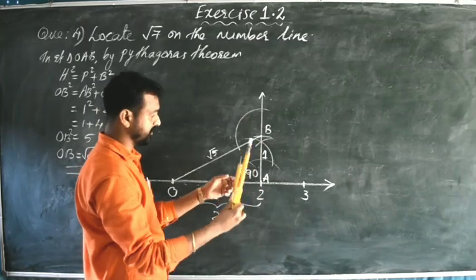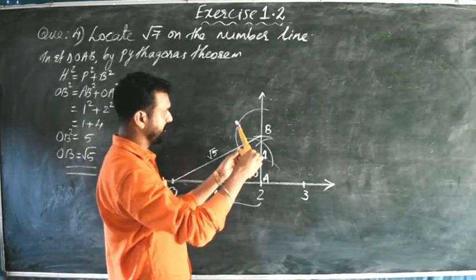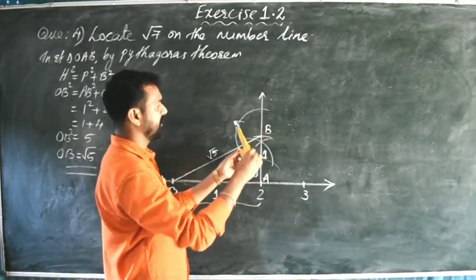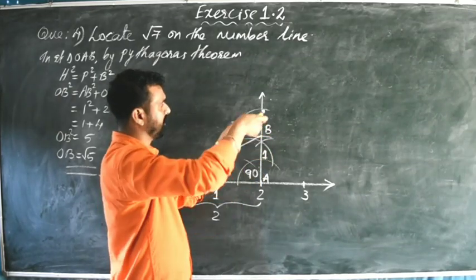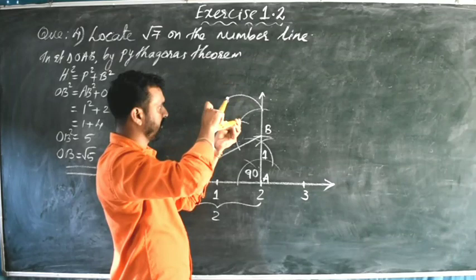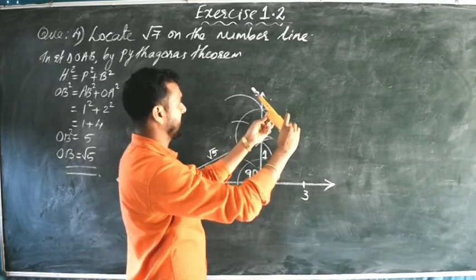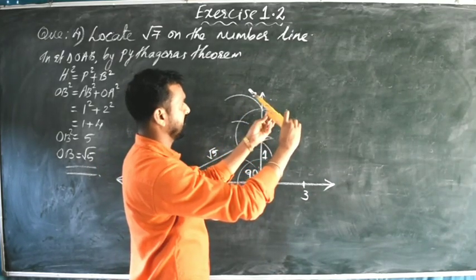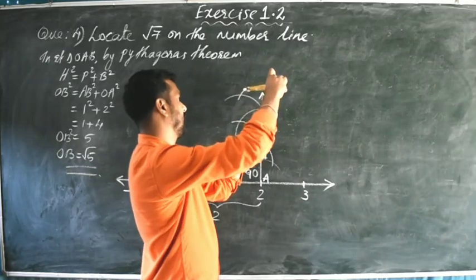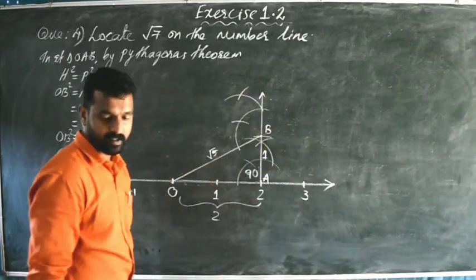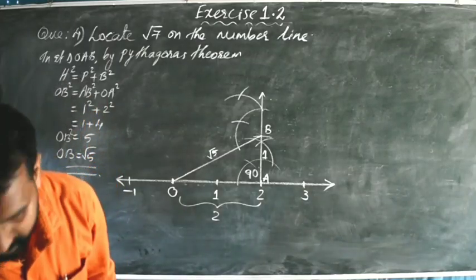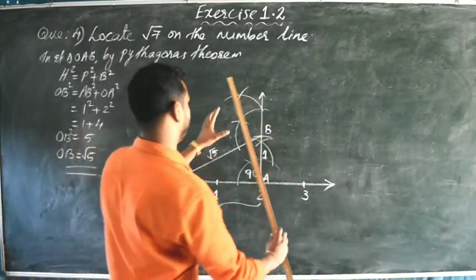Without changing the radius, with the center of this point, cut that arc here. Now we got another point here. With the center of that point, draw an arc here. Then with the center of this point, cut that arc here. Now we got a point here, and we join B and that point, and we get the perpendicular to OB, this one.